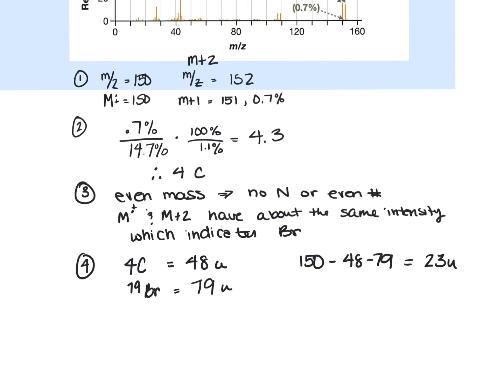So nitrogen can't account for the remaining mass, because you can only have an even number. If you had 2 times 14, that would give us 28, which is more than the 23. So that doesn't work, okay? So we're not going to have a nitrogen, so we can rule out nitrogen here.